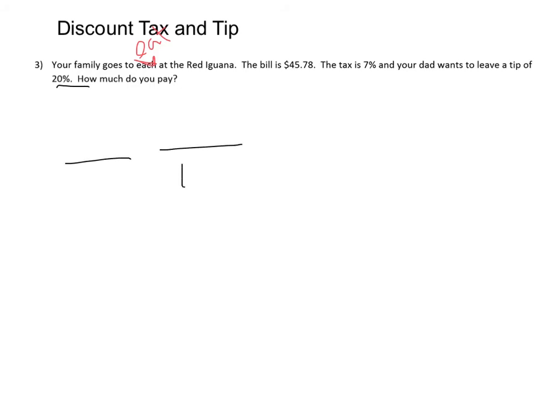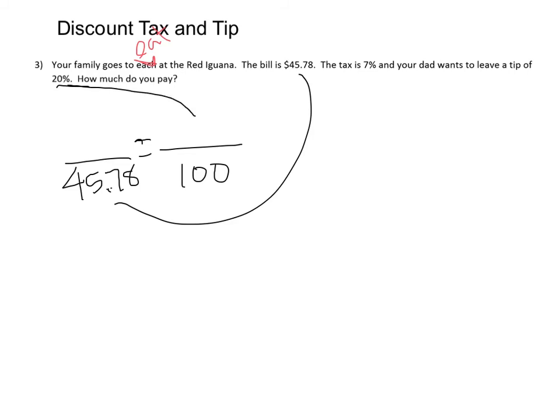Set up our proportion, 100 in the bottom right. My total amount, $45.78, goes there. Remember, with tip, we're not going to add anything to this number. We're not going to subtract it from anything. We're just going to put that percentage straight down.